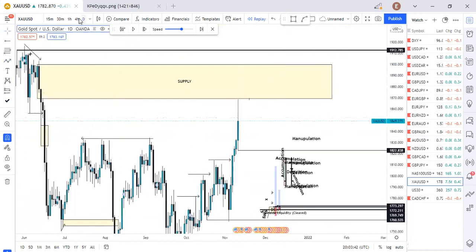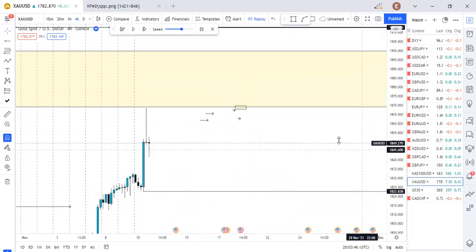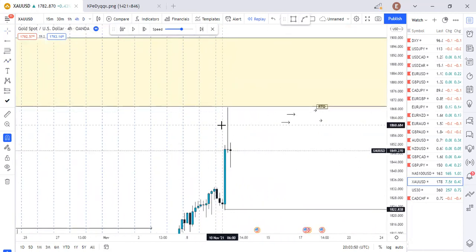Okay, so after seeing this, let's go to H4 so that we start looking for those kinds of scenarios and patterns. We saw this shoot more like a what? More like a stop hunt. So let's check out what our price did here after the stop hunt.